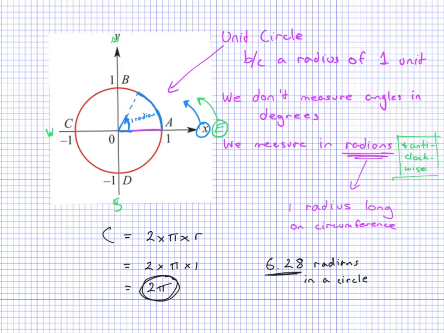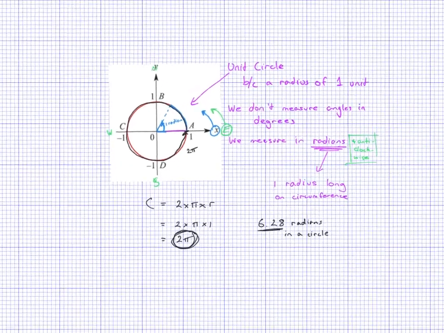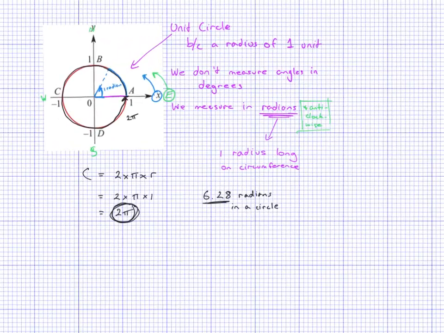So the full circumference is 2 pi. The distance from here counterclockwise all the way around on the circumference and back to the start is 2 pi. So there are 2 pi radians in a circle. Oh, that's a terrible way of writing circle, isn't it?